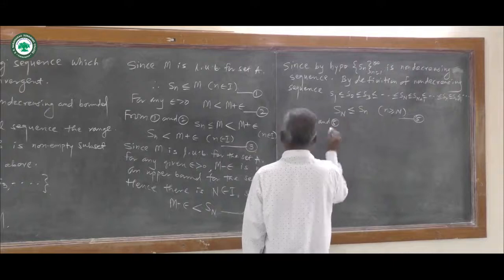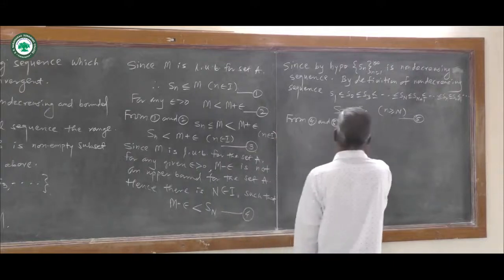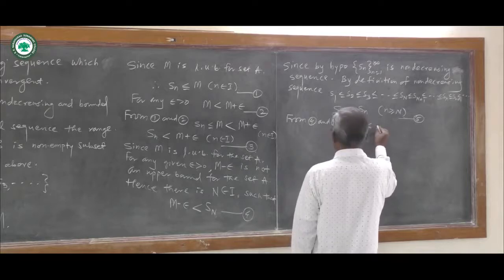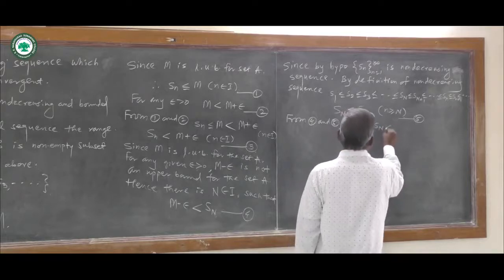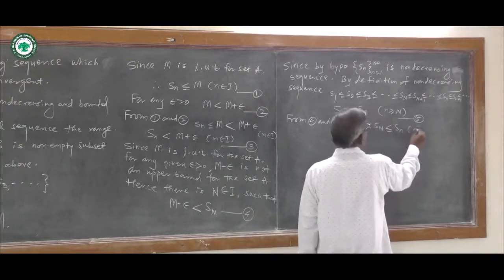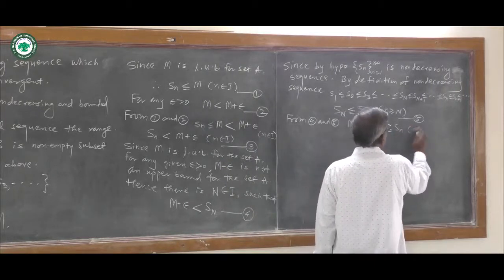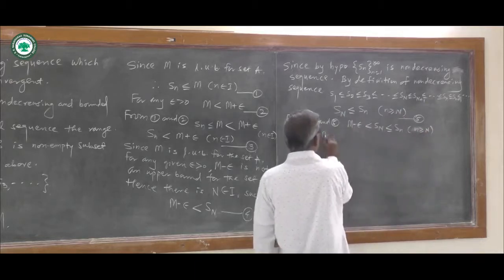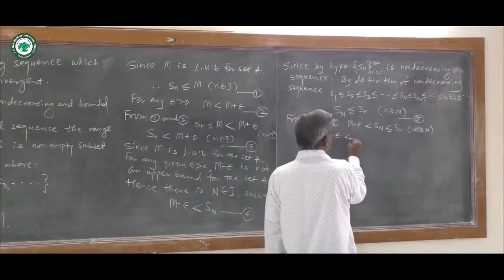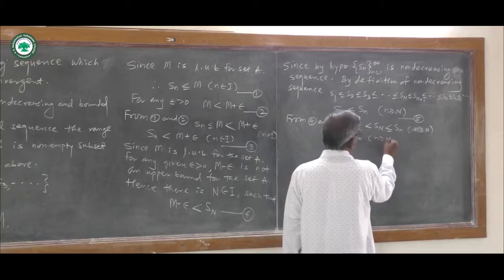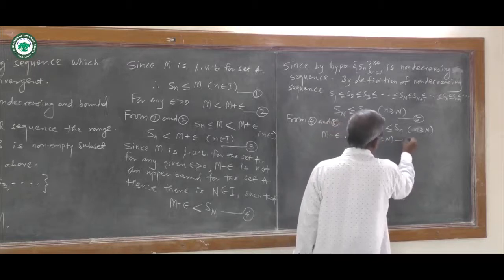we write capital M minus epsilon less than Sn, less than or equal to S suffix small n. This is true for all n greater than or equal to capital N. That is, capital M minus epsilon less than Sn for all n greater than or equal to capital N. This is relation 6.